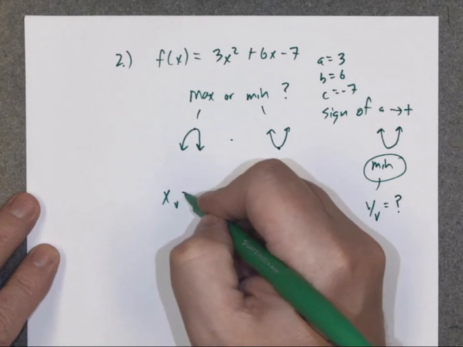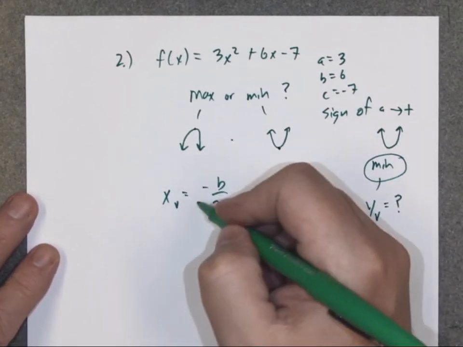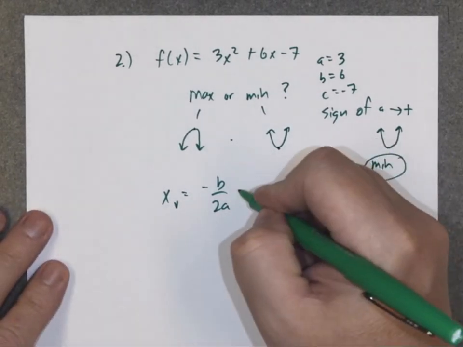Remember, the x of the vertex is negative b over 2a. Once we find the x of the vertex, we plug it back into the original equation, and that gives us the y of the vertex, which is what we want. It's not very hard.